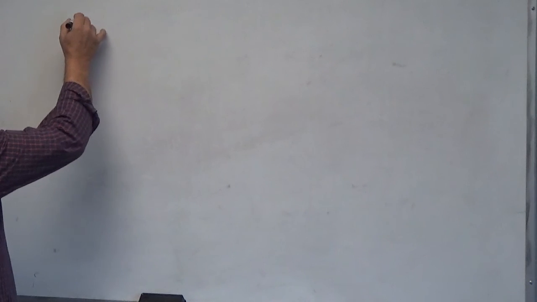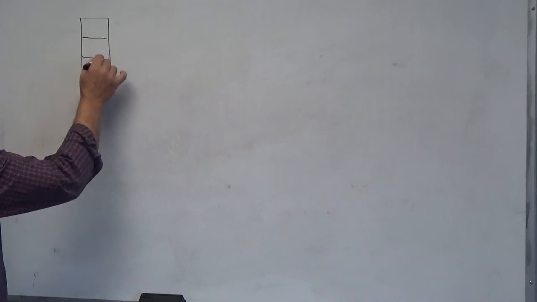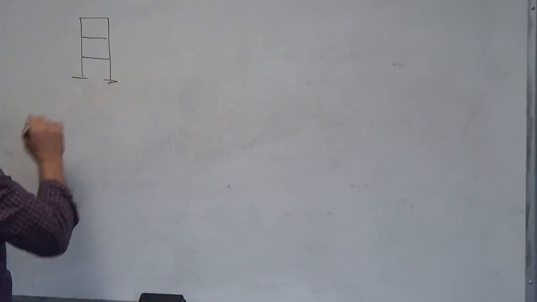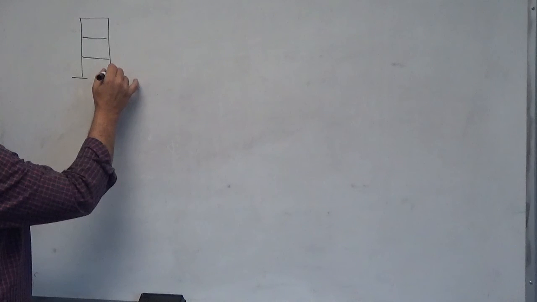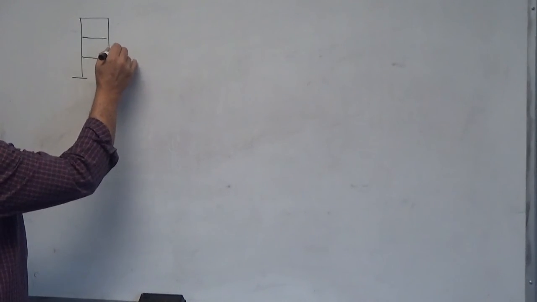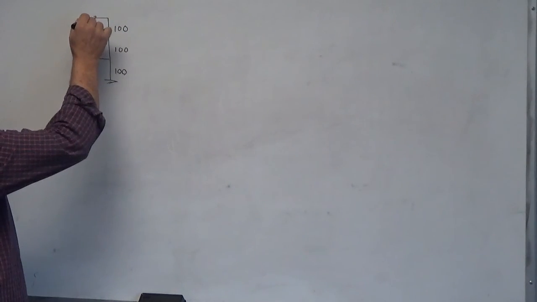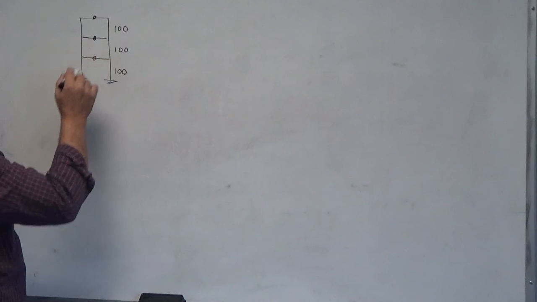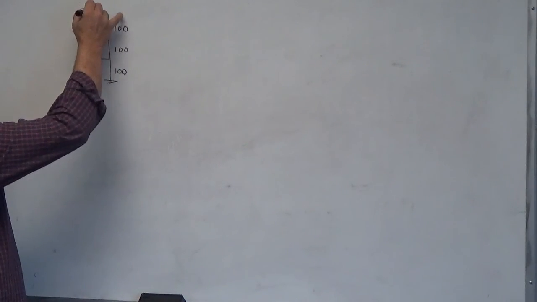Let's say in the example that we have this situation, 1, 2, and 3. Let's say this system has a stiffness in each story. K is 100, and in each floor the mass is, I don't know, 1, 2, 1.